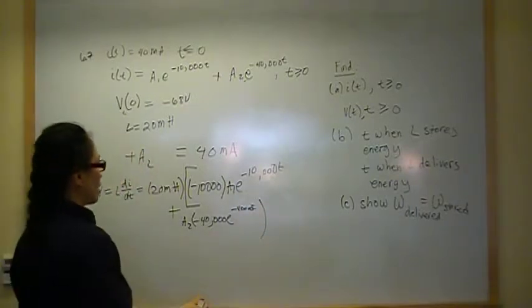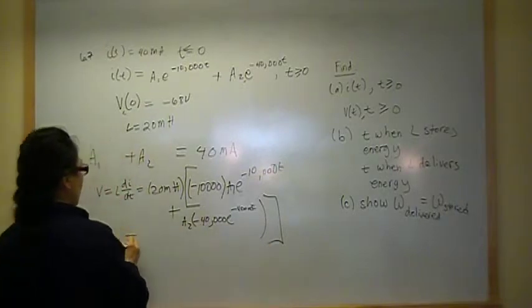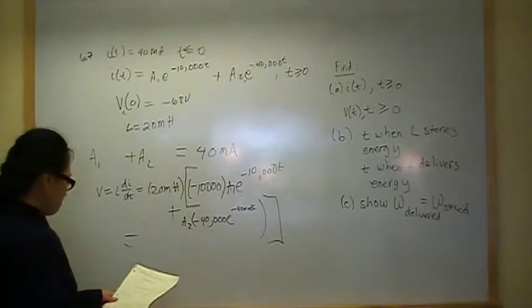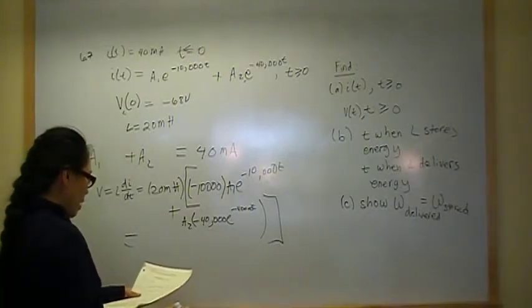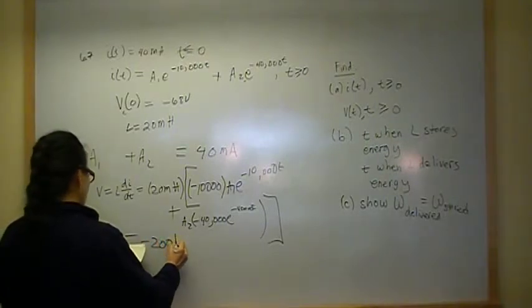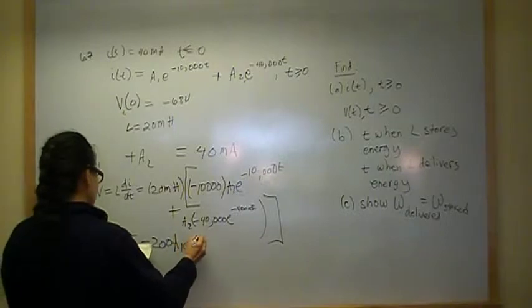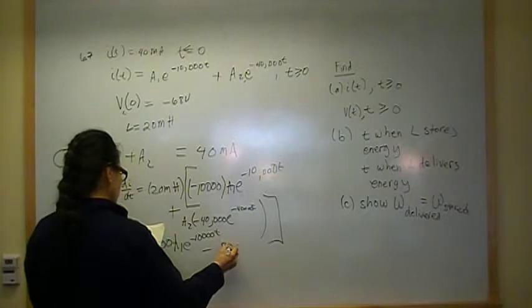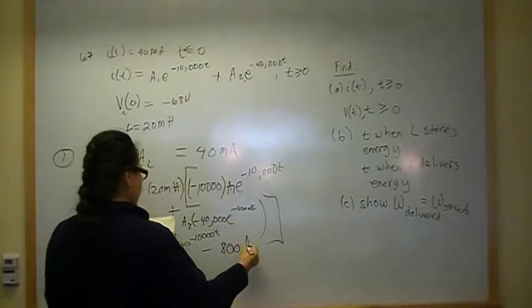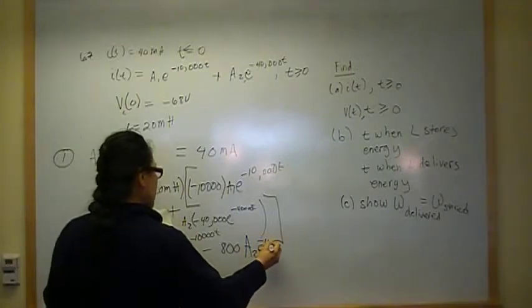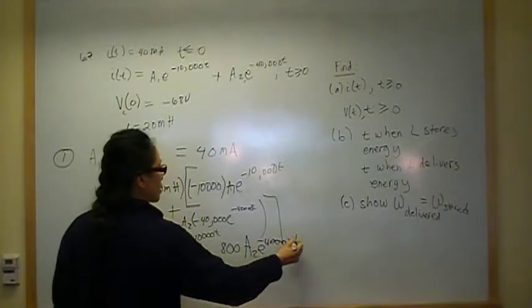Okay? When you distribute all of that through, 20 millihenries, so we're going to get negative 200 A1 e to the negative 10,000 t minus 800 A2 e to the negative 40,000 t.